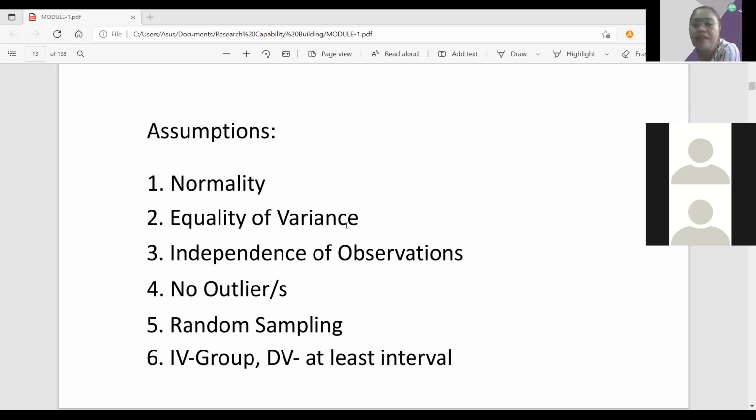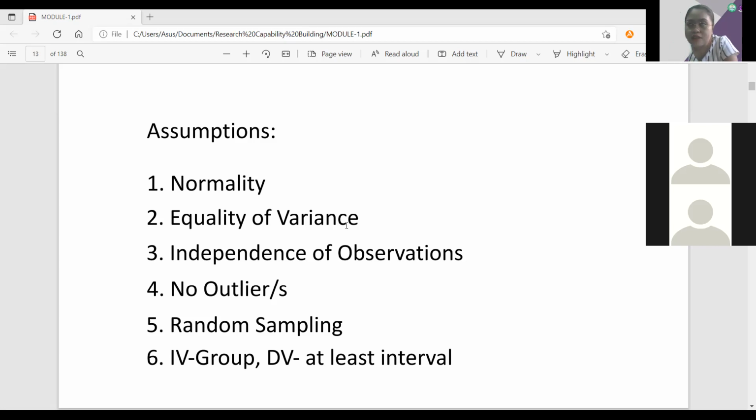And then, independence of observations. Remember, this is independent sample t-test, so the two groups should not be related. Just like when you have male and female pharmacists, those two groups are different and their answers will be independent from each other. And then number 4, syempre no outliers.